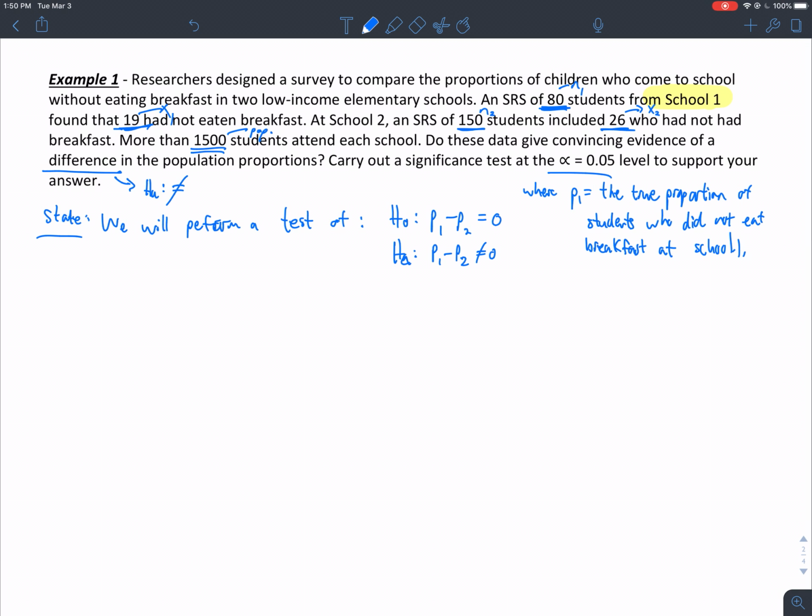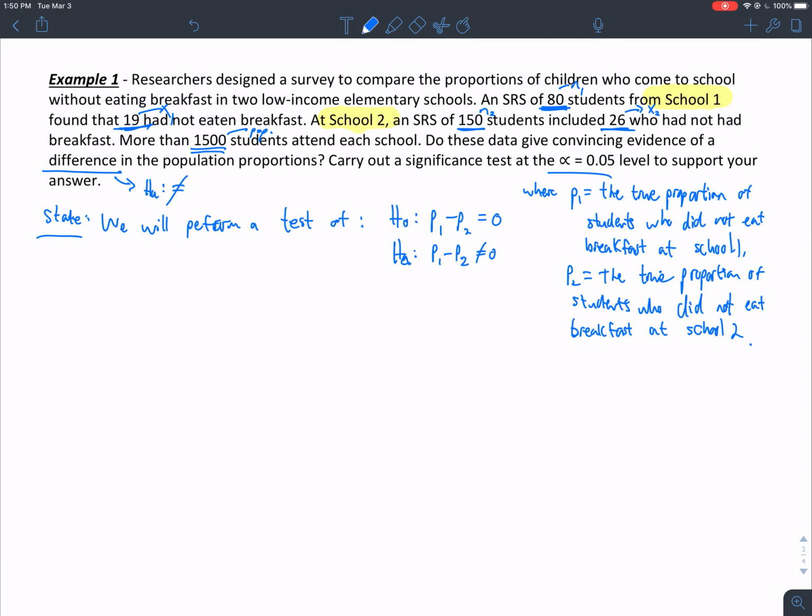And then P2 is the true or population proportion of students who did not eat breakfast at school 2. Okay, so school 2, we got it.